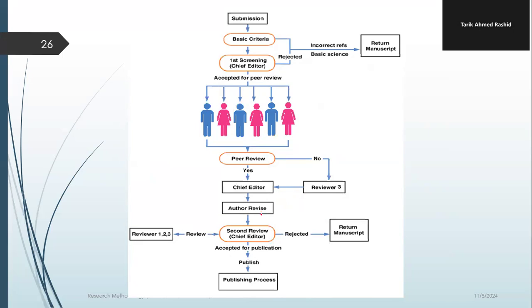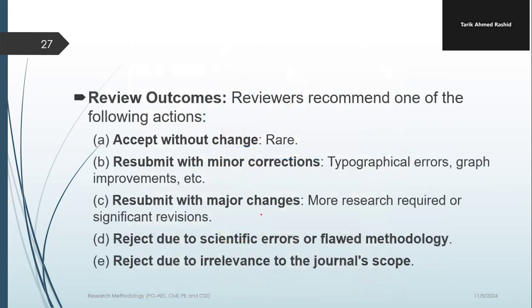The revision could happen more than once: revise 1, revise 2, revise 3, depending on how the peer reviewers look at the paper. It might be accepted, hopefully, at the end, or rejected, and then you try to correct it and submit it to another publisher. So these are the outcomes.